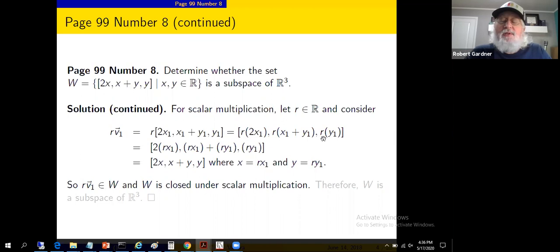All right, now we want to see if this is in the form of an element of W. So as in the previous one, I'm trying to make this, if I can, look like that. This starts out 2 times something. Okay, let's rearrange this first component to read 2 times something. It's 2 times scalar R times number x sub 1. How about we distribute here and get R times x sub 1?